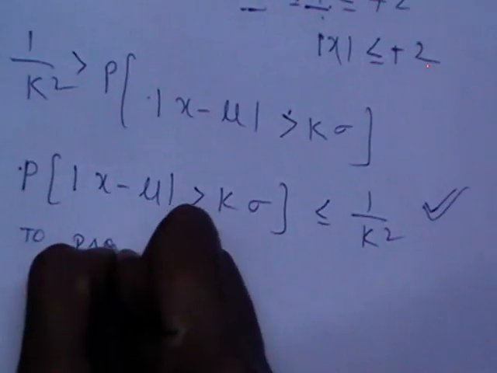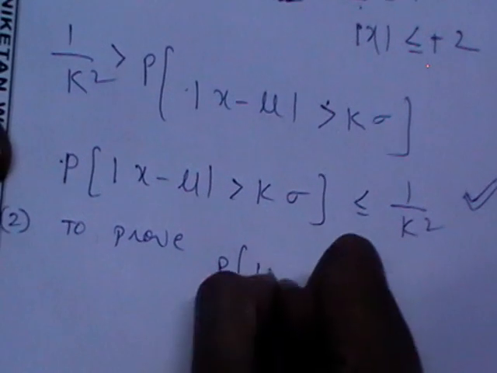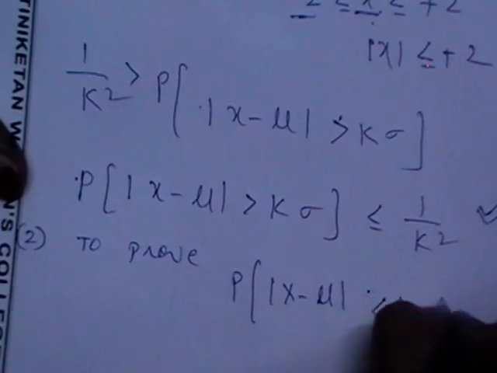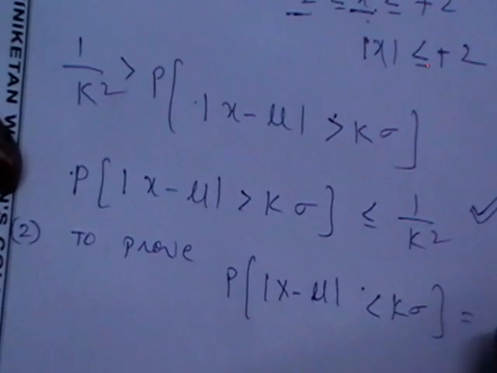What is the second part we have? The second part you need to prove is the probability of mod x minus mu less than k sigma is greater than or equal to 1 minus 1 by k square.